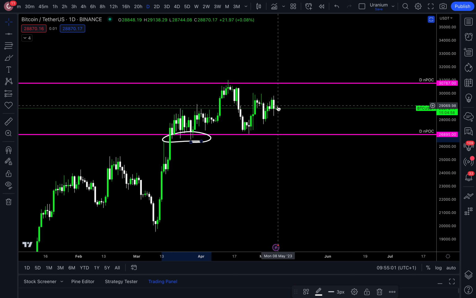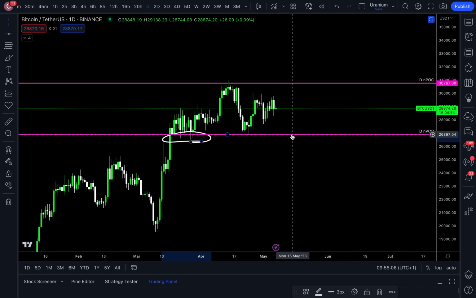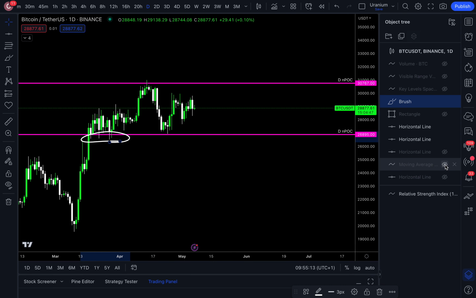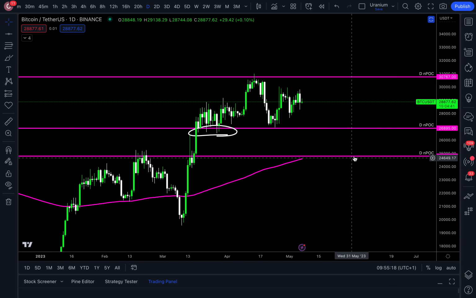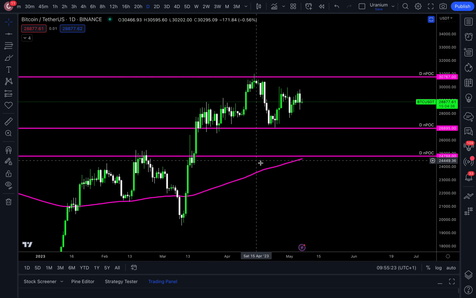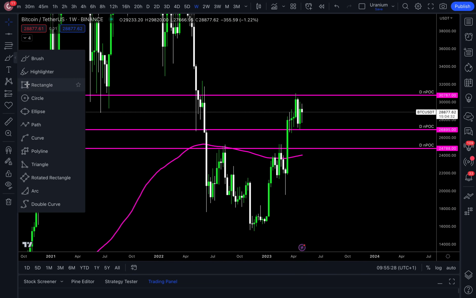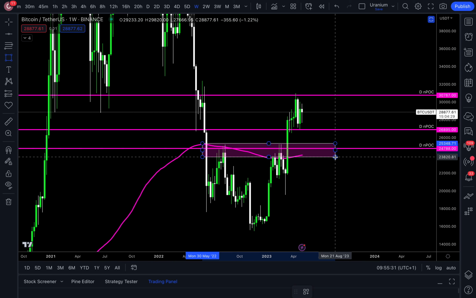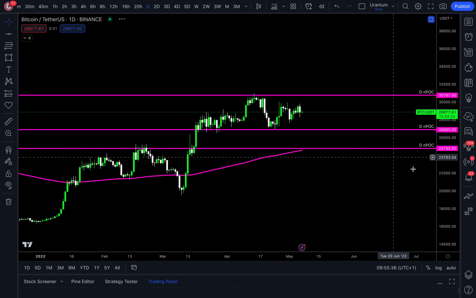If the market decides to break down out of the range, if we approach the range lows and we get zero confirmation for a long, no high probability long setup presents itself, I will be looking to the next level down, which is the next daily naked point of control, which lines up with the 200-day exponential moving average, and it also coincides with this breakout area.